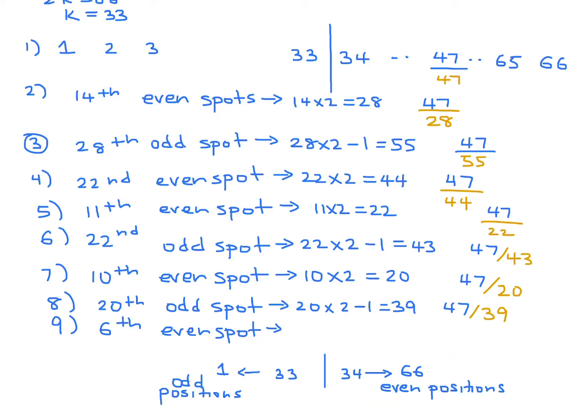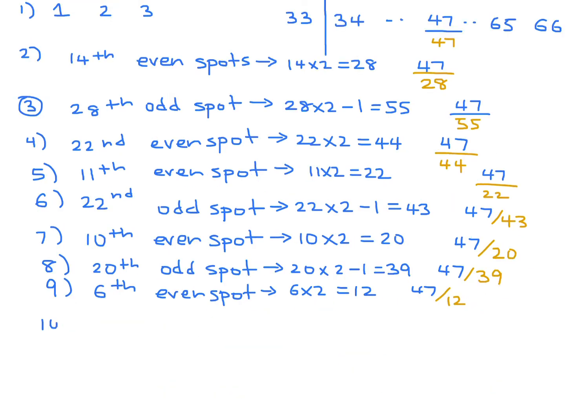So the sixth even spot, that's just 6 times 2, which is 12. So now the number 47 is in the 12th position. Now, the 12th position, that would be the 12th odd spot. And that would be 12 times 2 minus 1, which is position number 23. So now number 47 is in position number 23.